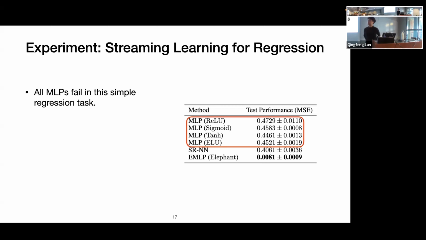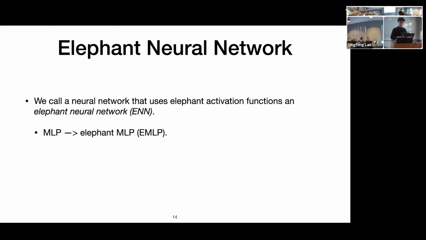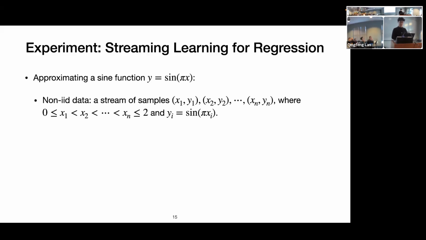Yes. So this is non-IID data, right? Non-IID data. Does it depend on how non-IID it is? Yes. So the data is generated in this way. For every time step, we have a new sample. And here we increase X from 0 to 2. So it's non-IID.